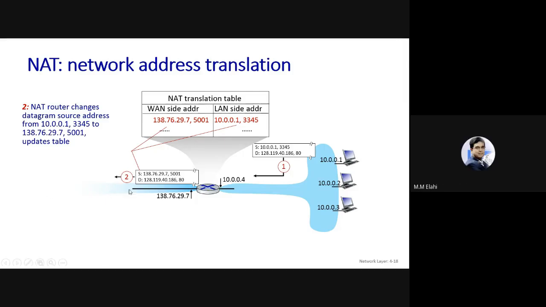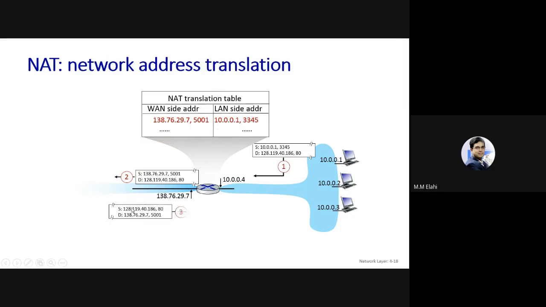কিন্তু যখন 3 নাম্বার স্টেপে আমরা কি দেখলাম, যখন ব্যাক করে তখন রাউটার কিন্তু এই এন্ট্রিটার সাথে ম্যাচ করে, রাইট? সো এটা যখন ম্যাচ করবে তখন তো সে দুইটা একই পাবে। এখানে ওয়ান সাইডের দুইটা এন্ট্রি একই হবে, 138.76.29.7, because we have only one public IP.